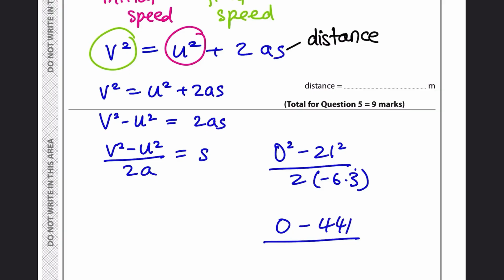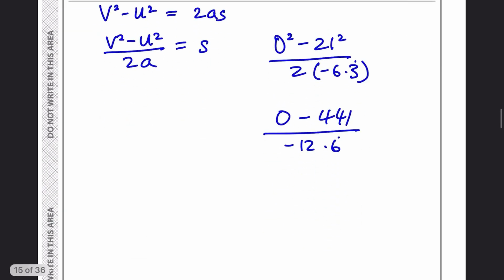And 2 times negative 6.3 recurring is negative 12.6 recurring. So this equals 0 minus 441, which is negative 441, divided by negative 12.6 recurring.